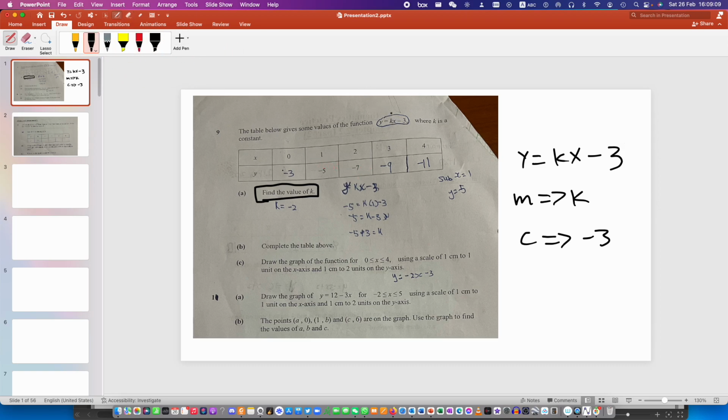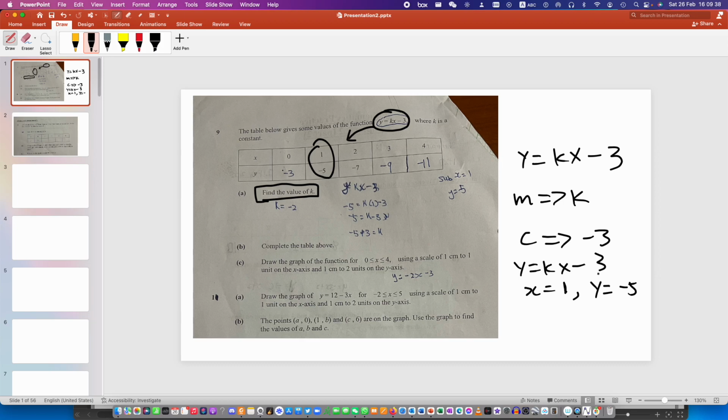So you need to know that this function or this equation is explained by this table, right? Let's say your y equals kx minus 3. If you put x equals 1, your y is supposed to be what?